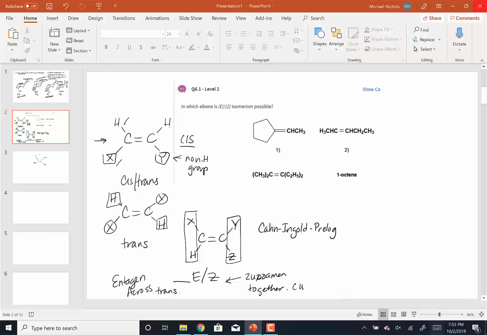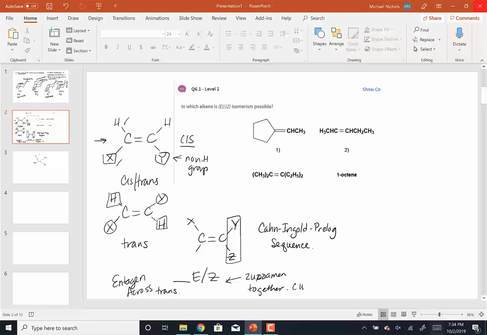Then we can compare the high priority groups. Are they together, Zusammen, Z? Are they across, Entgegen, E? So it's the Cahn-Ingold-Prelog sequence rules that we use to determine this.